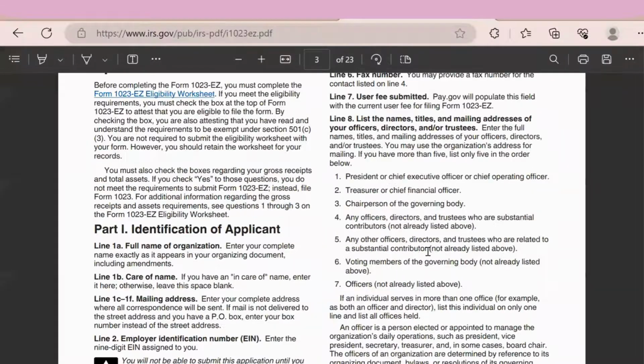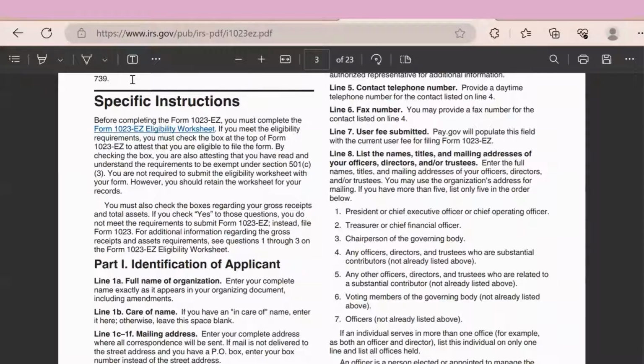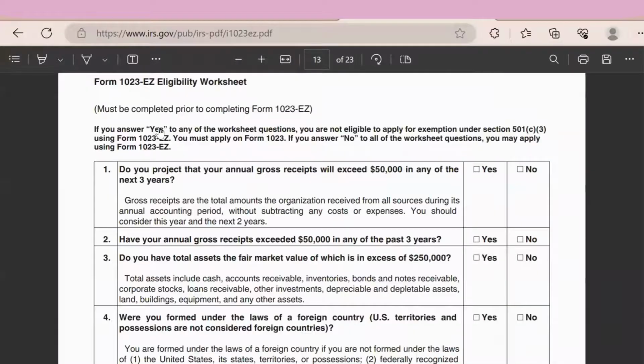This takes us to the instruction sheet, and you will see at the top of page 3, Form 1023 Easy Eligibility Worksheet. So you will click on that form and it says, Form 1023 Easy Eligibility Worksheet must be completed prior to completing Form 1023 Easy.